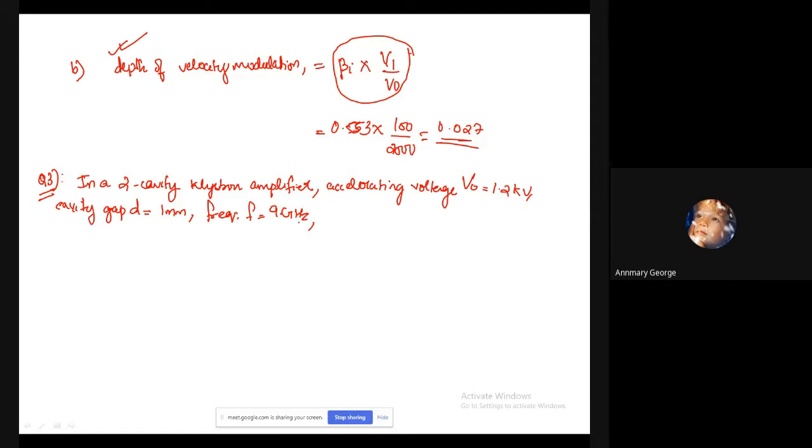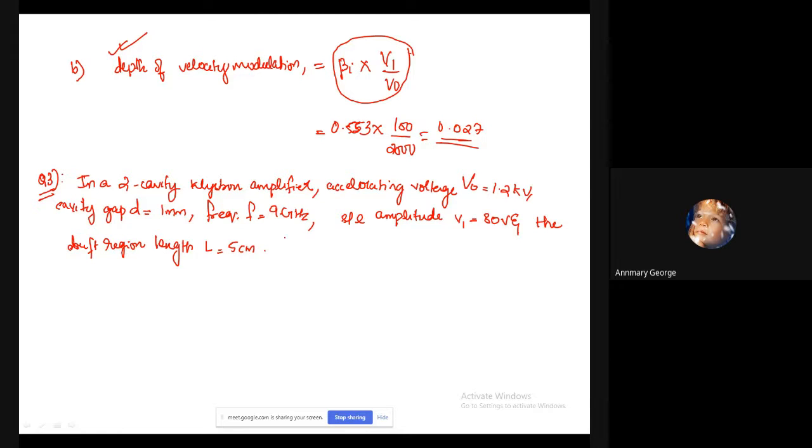Also, the signal amplitude V1 is 80 volt, and the drift region length, that is the length of drift space, L is equal to 5 centimeter.